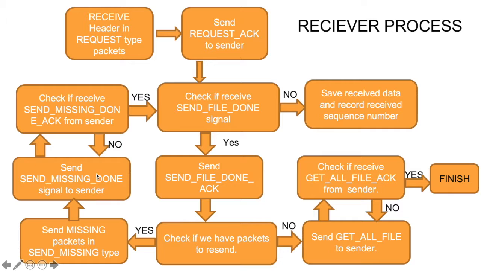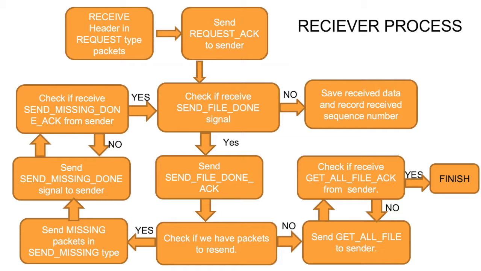So we have to resend that again and again until we receive the send missing done acknowledge. After that, we will wait for the send file done signal again. So we finish one loop and go into another loop until we get the send file done acknowledge and go to this step to check if we have packets to resend.